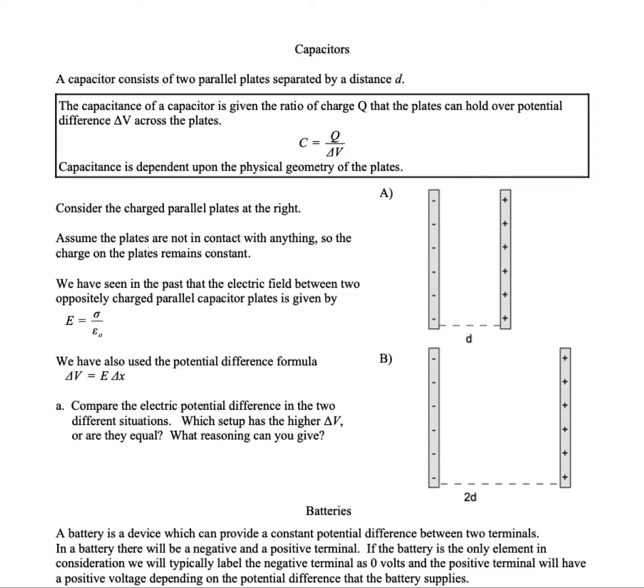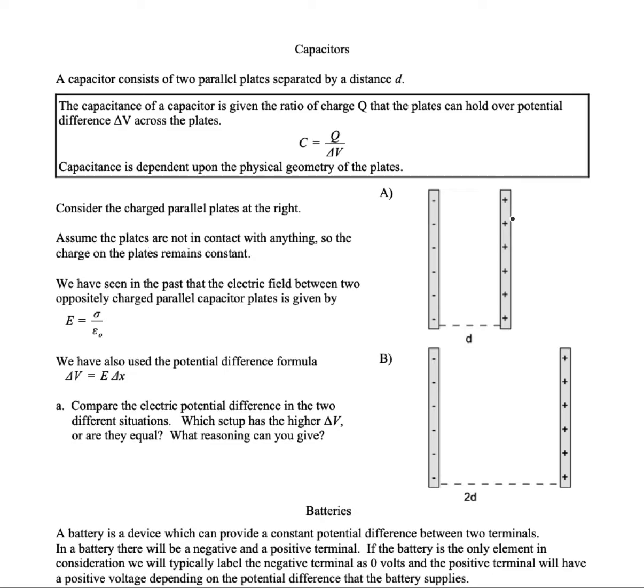We also have a potential difference formula, delta V equals E delta X, which could be useful in this situation as well. We want to compare the electric potential difference in these situations and see which setup has the higher delta V, or would they actually be equal?